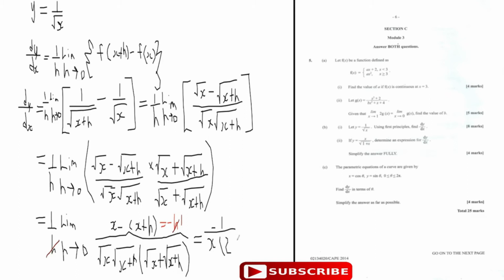So this works out to be minus 1 over 2x root x. Nice and easy. So that's dy by dx. This is the answer, minus 1 over 2x root x.